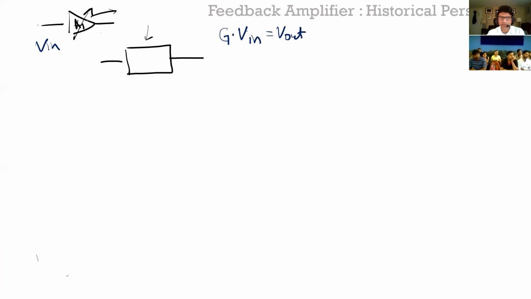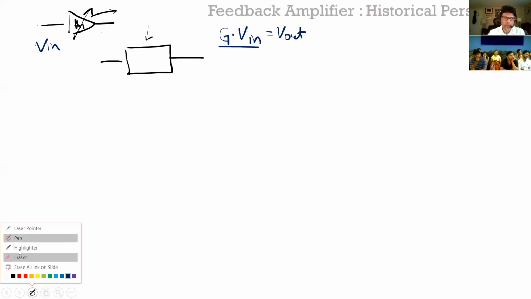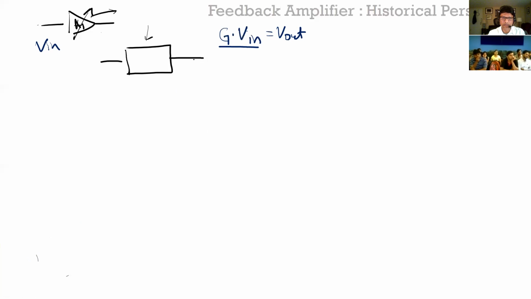Now, obviously they were having problems, like as I said, just constructing an amplifier open loop. So what Black came up with is, okay, let's assume that this is G times V in, and I'm having problems settling this. And let's say somehow I settle this value to G times V in, and he said, okay, what if I take a portion of it, and let's call that portion beta.